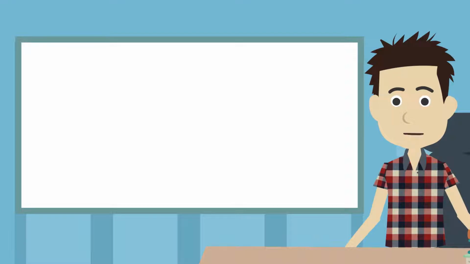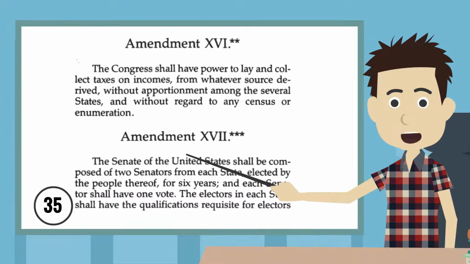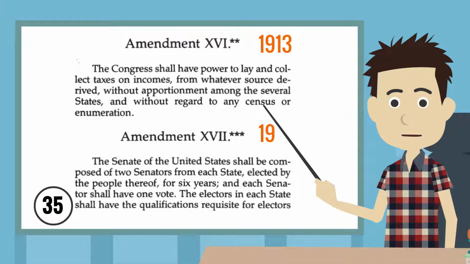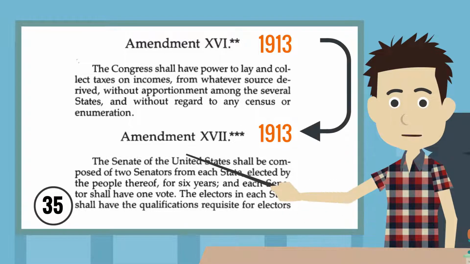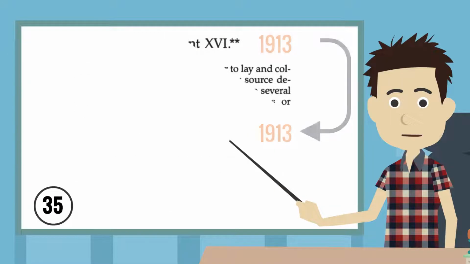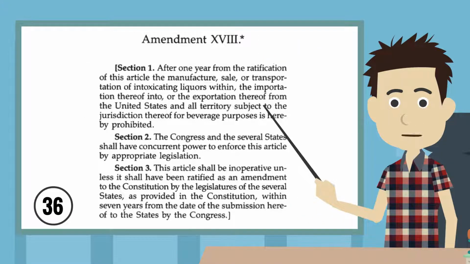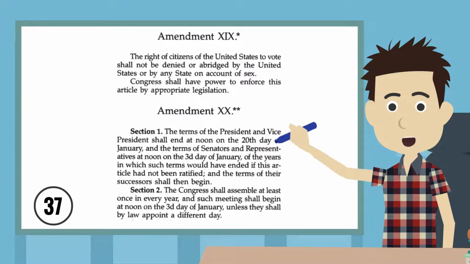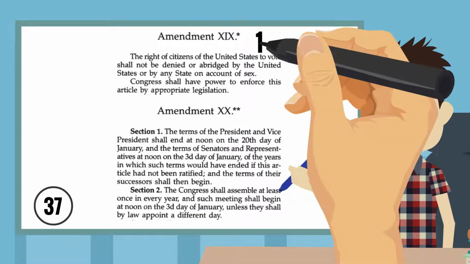Here we go. Do you see Amendments 16 and 17 on page 35? All right, now write 1913 next to both of them. These amendments were written the same year. Okay, I'll write it there. All right, now turn the page and write 1919 next to Amendment 18. Okay. Now on the next page, we have Amendments 19 and 20.